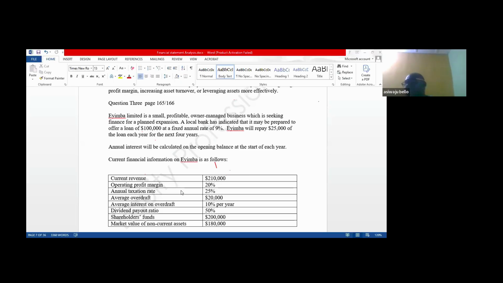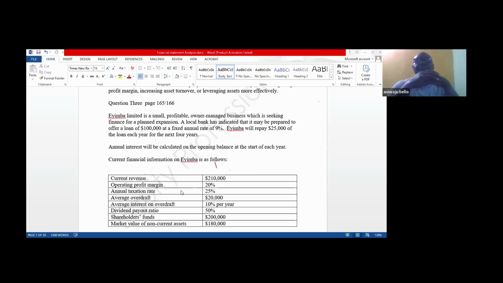Please note that statement. Interest is calculated on the opening balance at the start of each year.